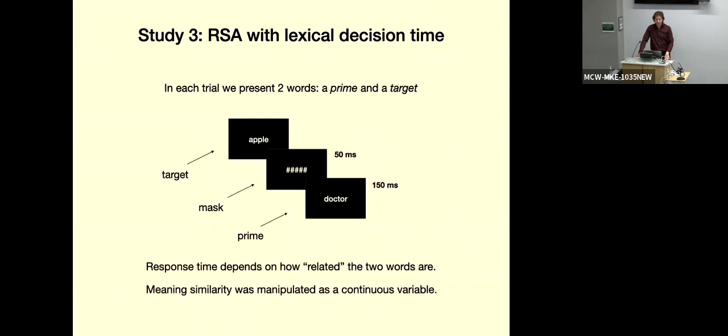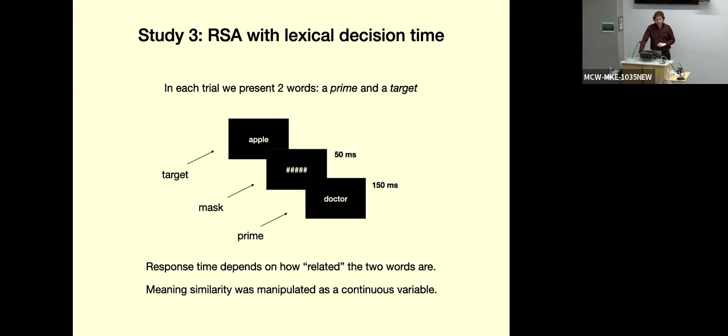And in this task, what we manipulated was the prime, which is a word that we flash very briefly just before each target word is presented. There is another word that we flash for just 150 milliseconds. It's really fast. And the participants are supposed to ignore that word. They're just waiting for the target word to appear and stay on the screen, and that's the one they have to make their judgment on.